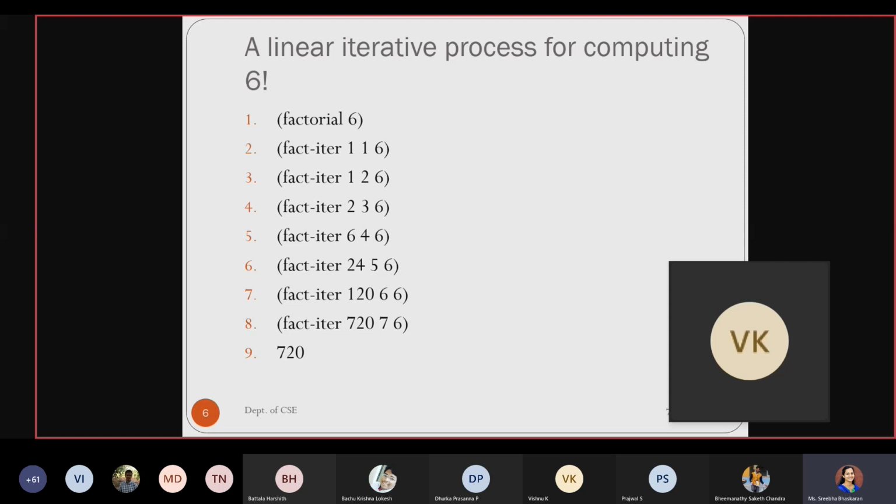So we can consider it to be constant. Whenever you call this procedure factor ITR, we have only 3 contents. Every time you call, it is only 3, and 3 is considered a constant. So we can say theta of 1. So the order of growth in terms of space is theta of 1.